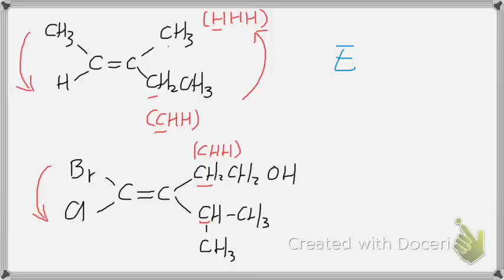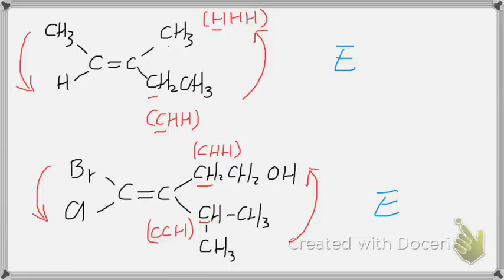For the bottom carbon, there are 2 other carbons and a hydrogen, so CCH. Okay? The point of difference is the middle letter, H versus C. So the bottom part is higher, the top part is lower. Okay, so here is the arrow. And because the arrows are pointing in the opposite direction, the double bond is in the E configuration.